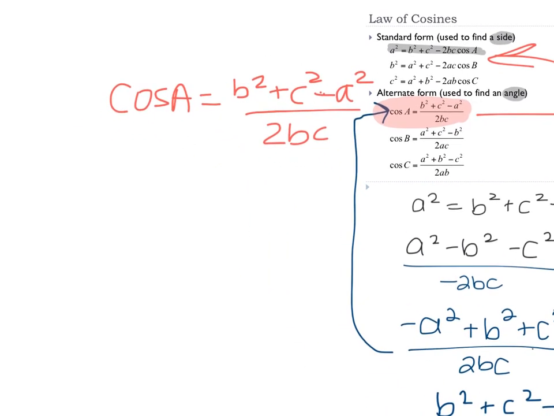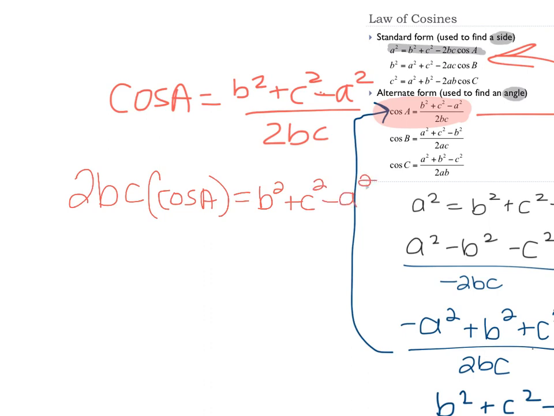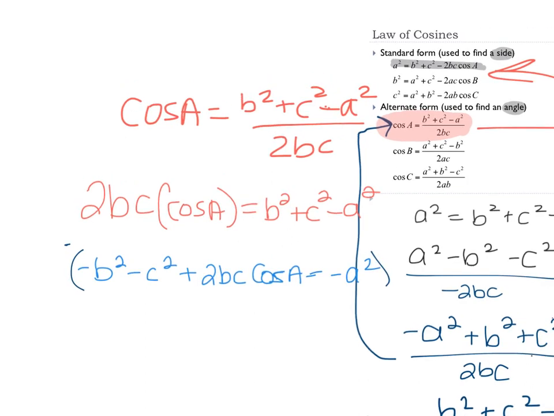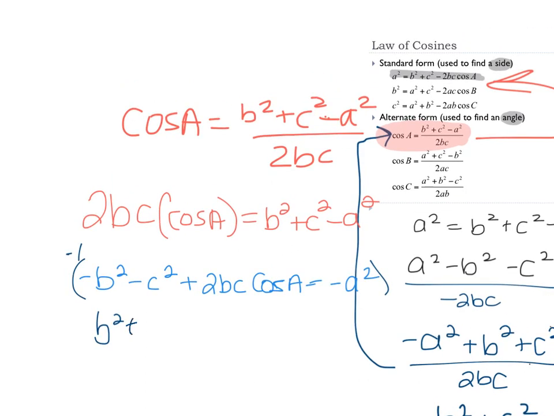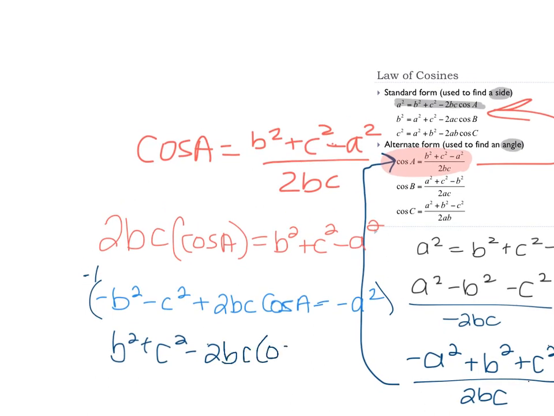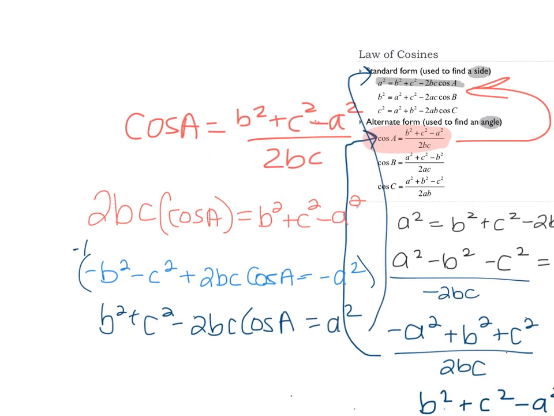I would multiply both sides by 2BC, so 2BC times the cosine of A. If I'm trying to solve for A, I'm now going to move over the B squared and the C squared. And then it's negative, so I'd multiply everything by negative 1. I'd get B squared plus C squared minus 2BC cosine A equals A squared. And that is your initial one, okay?